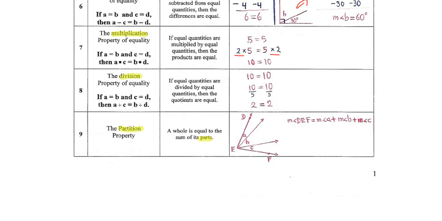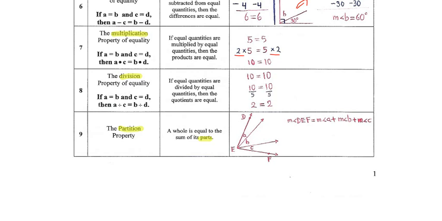In the example here, the measure of the big angle DEF is equal to the measure of angle A, which is one part, plus the measure of angle B, plus the measure of angle C. So whenever we add the parts that make up the whole, we're using the partition property of equality.